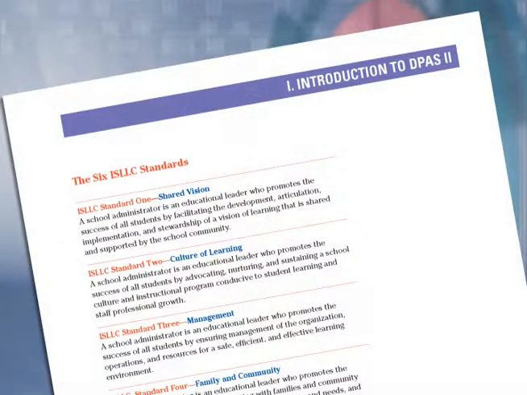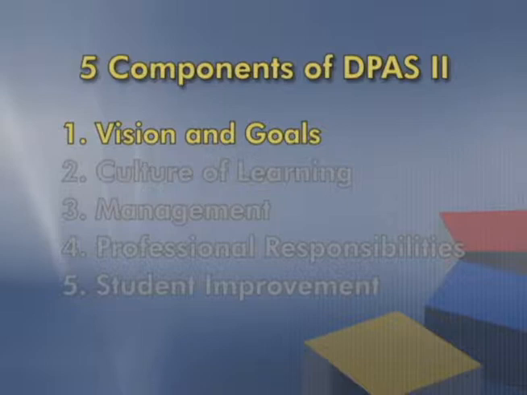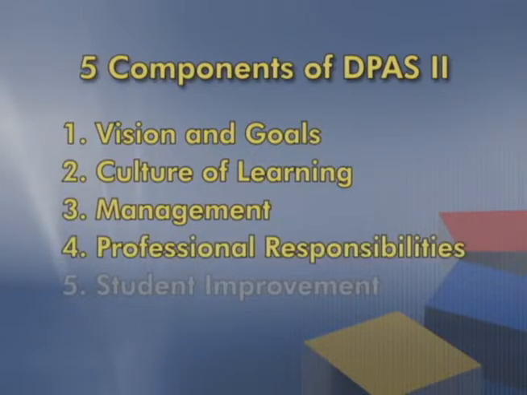DPAS II's design was driven by the Delaware Administrator Standards and the ISLIC Standards, found on page 4 of your guide. They align the evaluation of school and district administrators with student learning and school improvement. The 5 components used to measure administrators' progress and success are vision and goals, culture of learning, management, professional responsibilities, and student improvement.